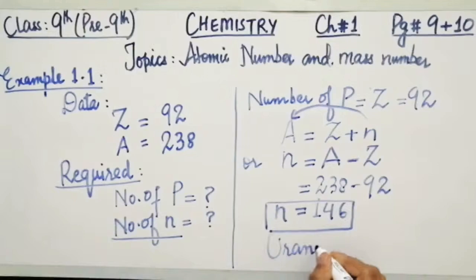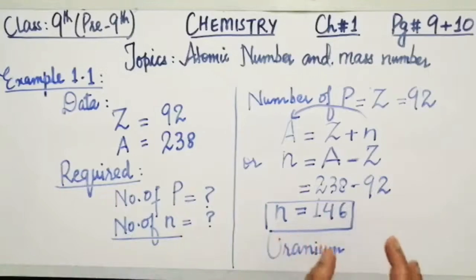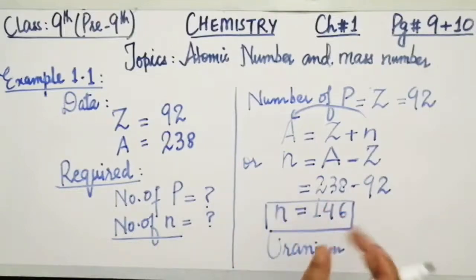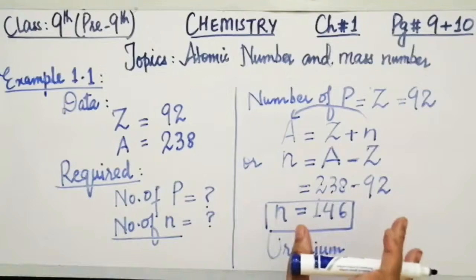What is the name of the element? It is uranium. So this is the simple calculation which you are going to do, and I'll give you some homework except this example, and you have to do it by looking at and observing this video carefully.